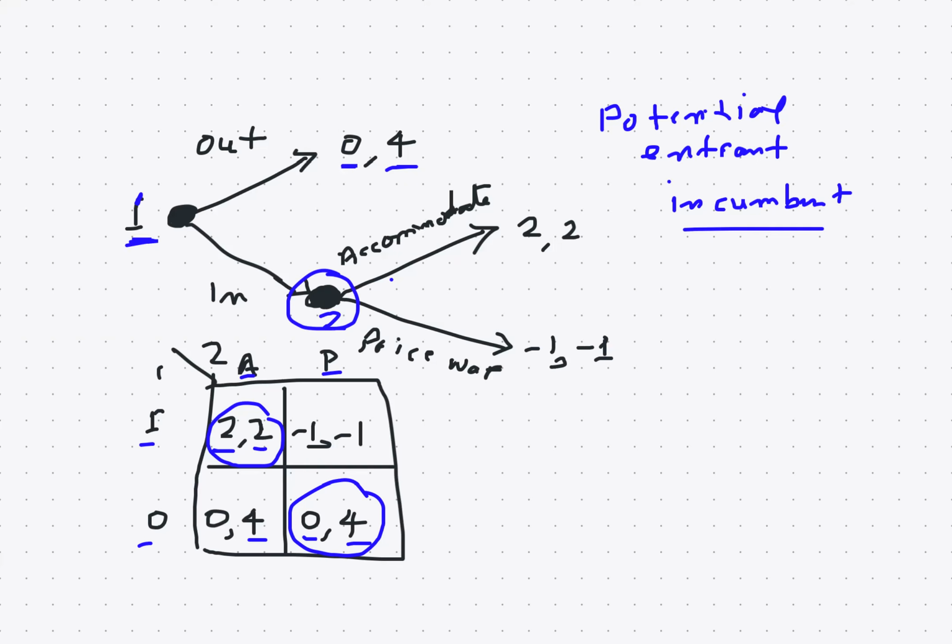That is the question. Clearly, if you look at the payoffs, it is not in the best interest of firm two to initiate the price war, because that will result in a loss of $1. But if it accommodates firm one, then it makes a profit of $2. Clearly, a profit of $2 is better than a loss of $1. So if this decision node is reached for player two, then the optimal strategy for player two is to accommodate firm one.